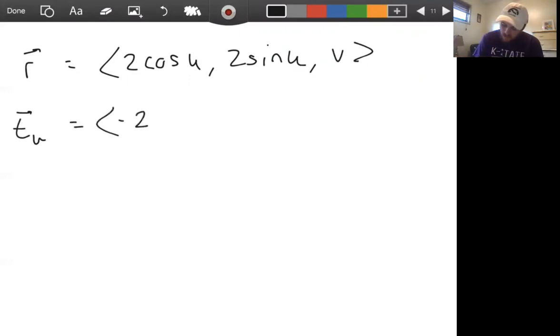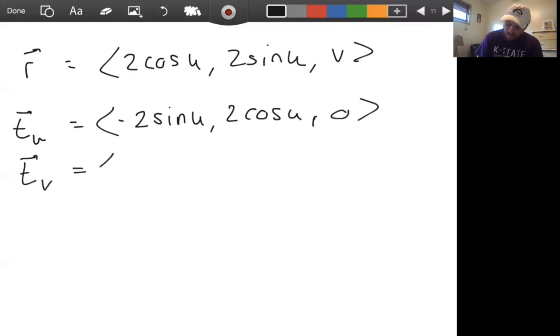So negative 2 sine u, 2 cosine u, and 0. And then the partial derivative with respect to v gives us the tangent vector t_v, which is (0, 0, 1). Right? Because there's no v in the x and y components, and in the z component, the derivative of v is just 1.